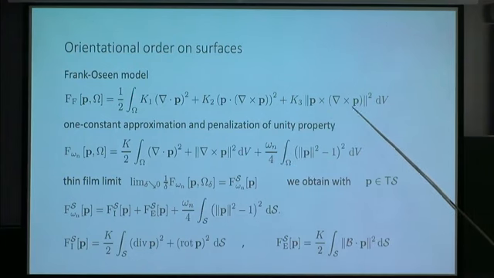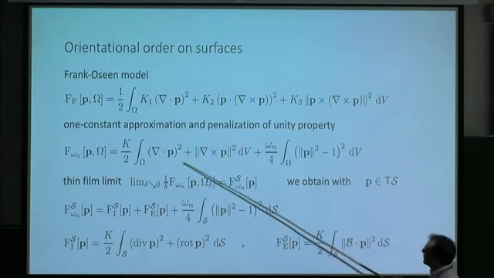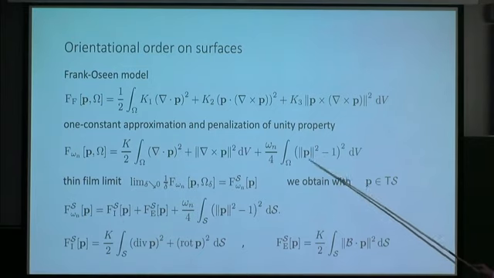So I can formulate this in R3. And I go to a one-constant approximation, as all the others before me as well. And the unity property that the length of P should be 1, I describe only weakly with such a potential.